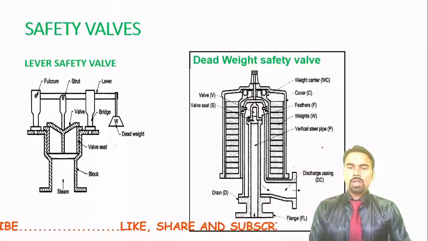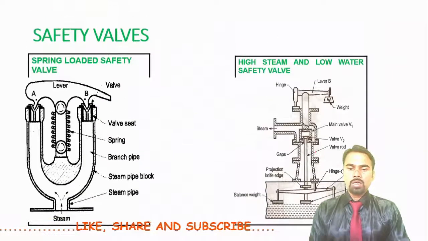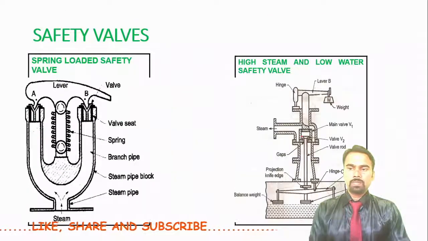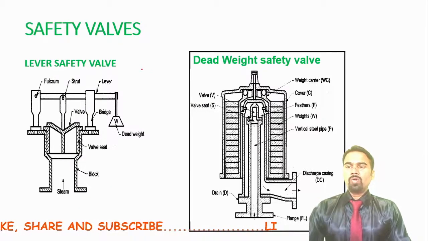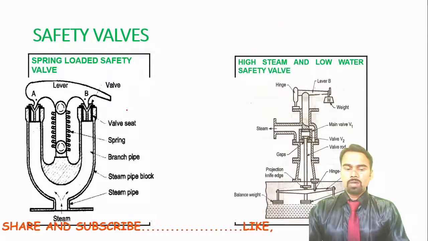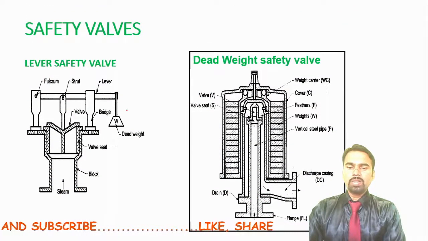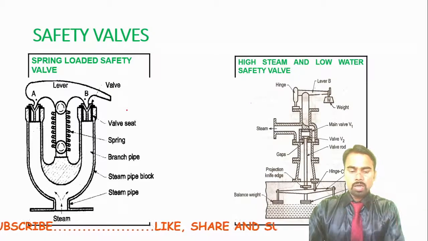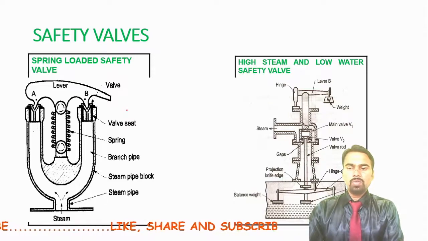Then the next component is the safety valve. The first type of safety valve is the lever safety valve, and the second one is the dead weight safety valve. In the lever safety valve a lever is used, and in the dead weight safety valve dead weights are used.